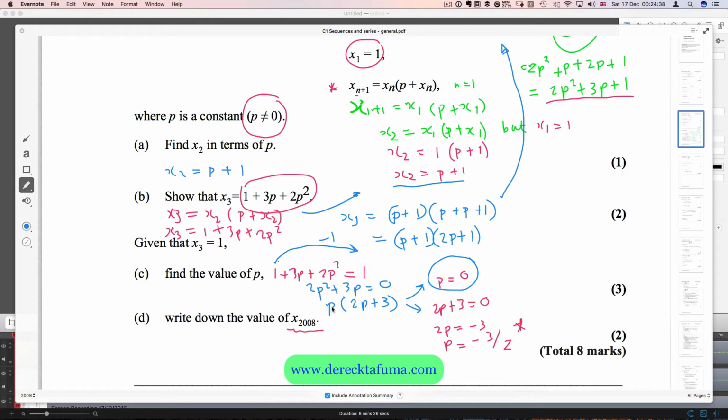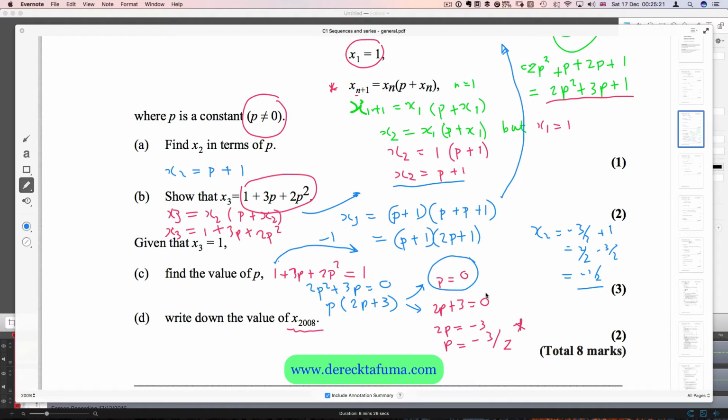Now what we need to do is find a value for x2 when p is minus 3 over 2. So x2 is minus 3 over 2 plus 1, which is basically 2 over 2 minus 3 over 2, which is minus half.